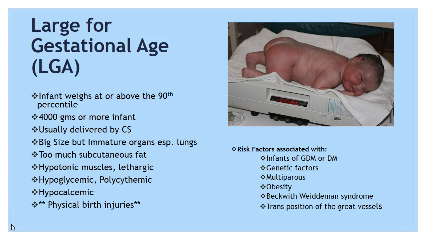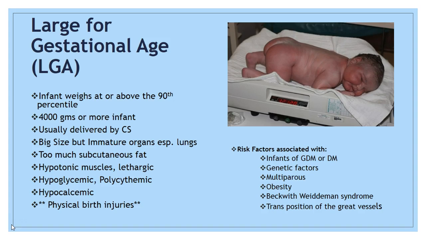And although they have that big size, their organs, especially their lungs, tend to be more immature. They have way too much subcutaneous fat. They have hypotonic muscles and tend to be lethargic. They will show signs of hypoglycemia and polycythemia. They'll also be hypocalcemic. And these guys are also at risk for physical birth injuries.